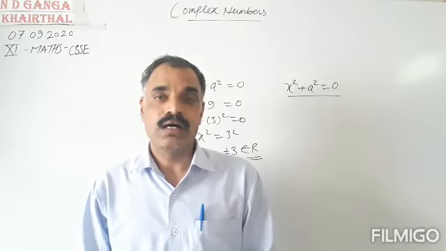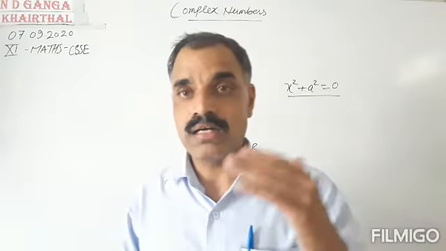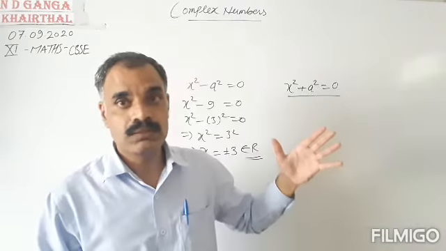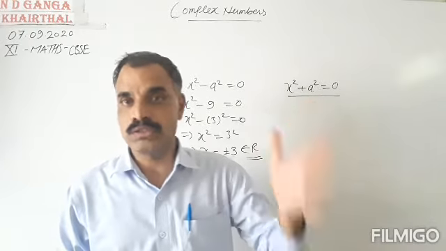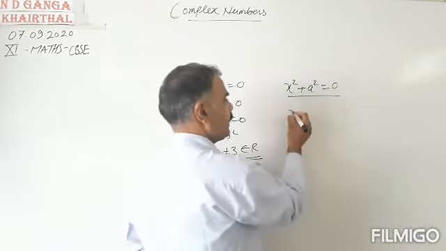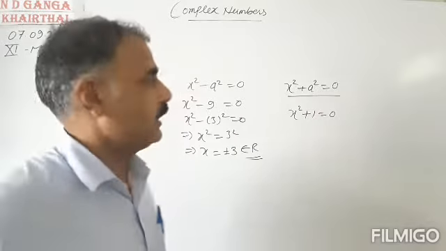Euler was the first mathematician who solved the equation of the type x square plus a square equals 0, means who solved the equation x square plus 1 equals 0.